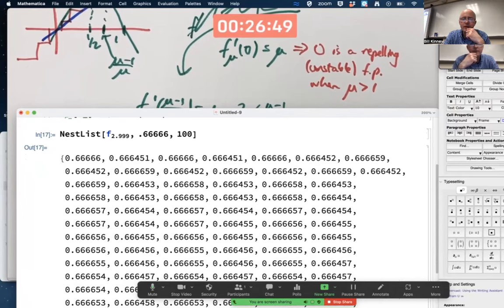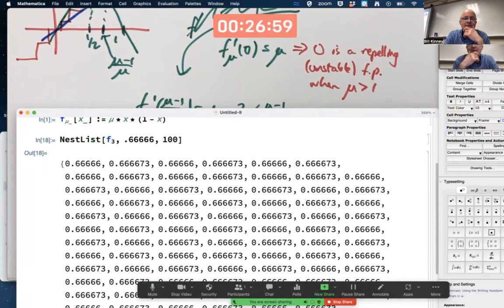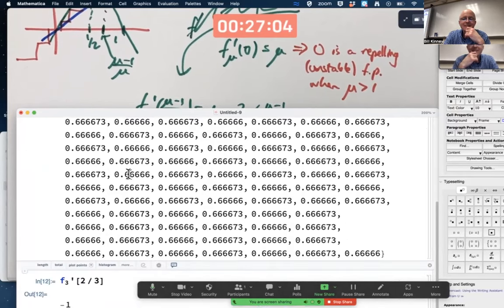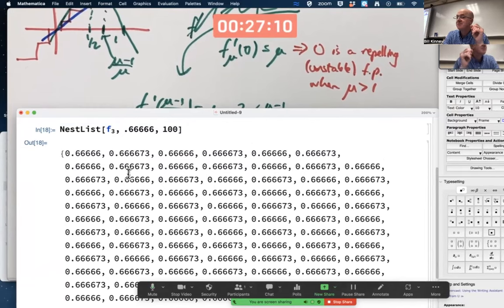It looks like I'm close enough now, that these iterates are approaching 2/3, which does make you wonder if you go back to 3, will it truly be repelling or not? It's hard to tell. Okay, let's not worry about it.